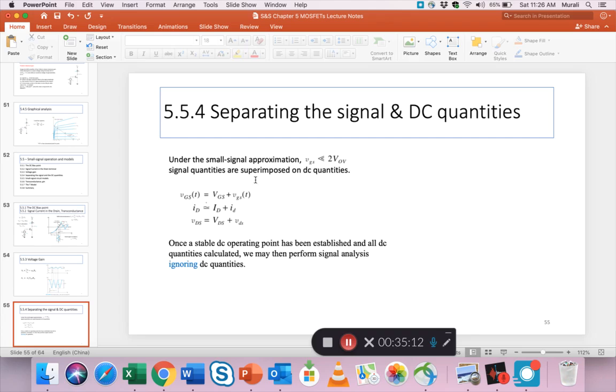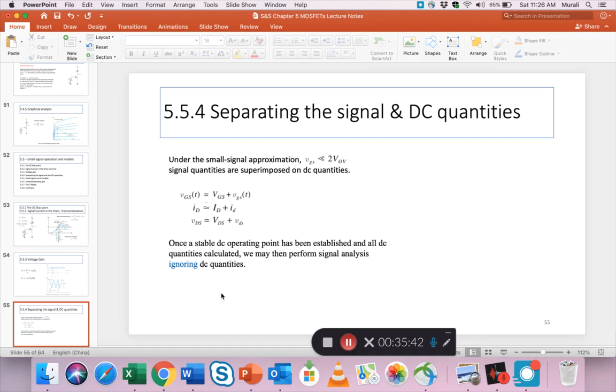So get familiar with this format because this is helpful, and you can expect to have to solve problems using this. So once a stable DC operating point has been established, that means we have picked a good Q and all DC quantities are calculated, we may then perform signal analysis ignoring the DC quantities.